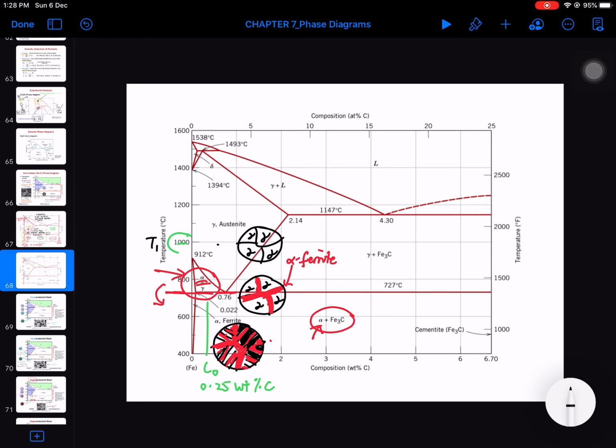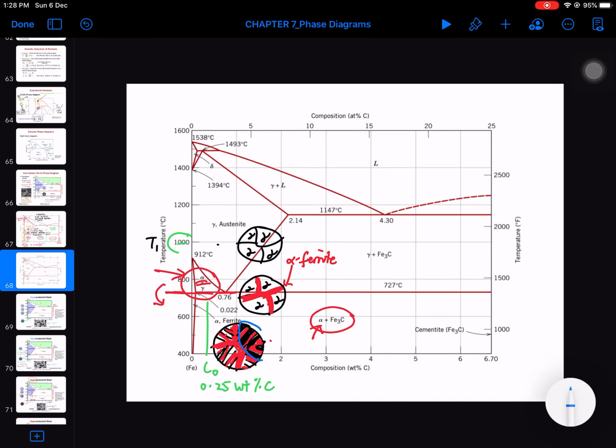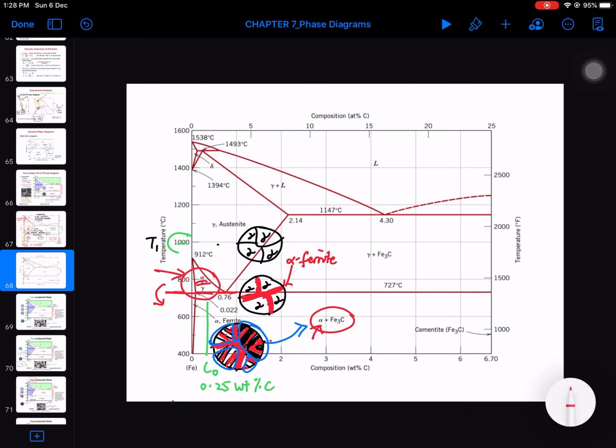So at this point, we have the alpha ferrite and cementite that comes after it crossed the eutectoid temperature. And then we have the alpha ferrite on the grain boundaries that occurs before you cross the eutectoid temperature.